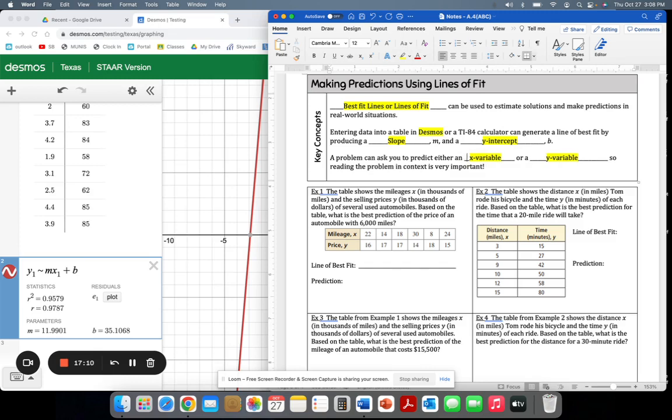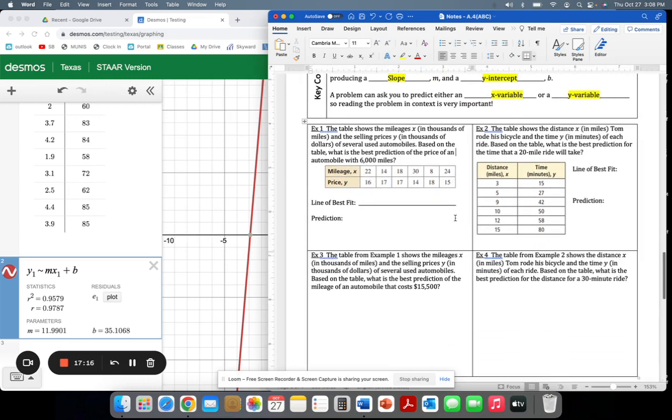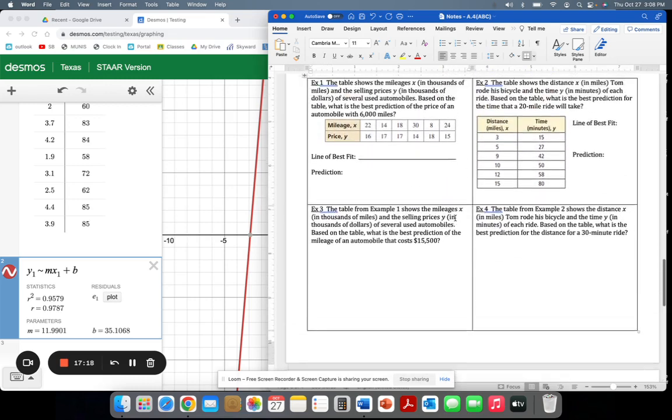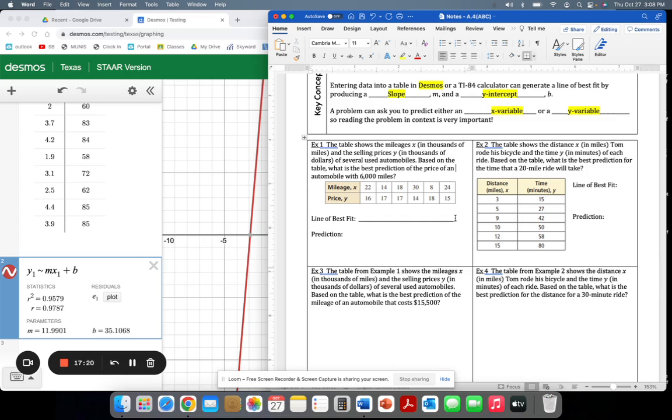Reading is key as well over here. I will do example number 1, then I'm going to let you do example number 2 on your own because the process is the same or similar.